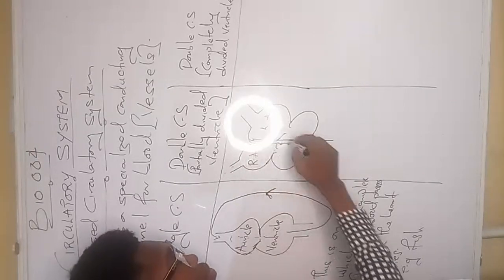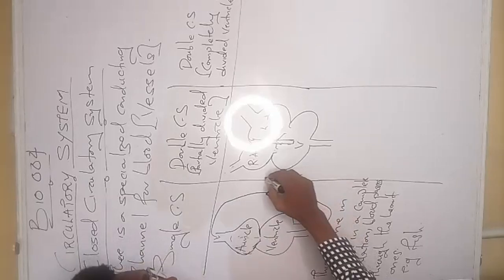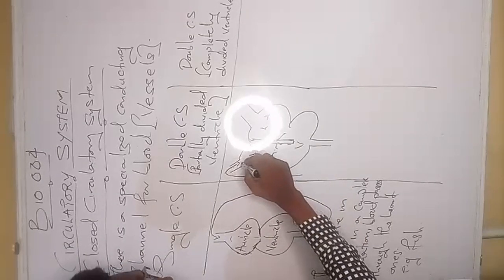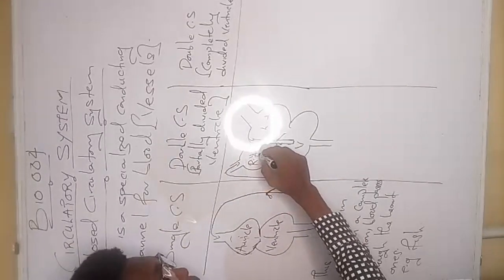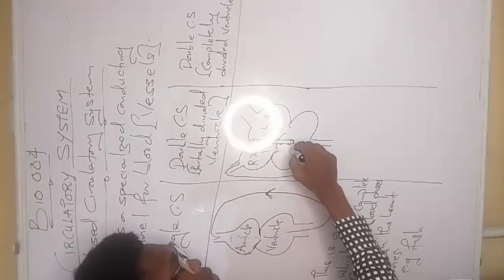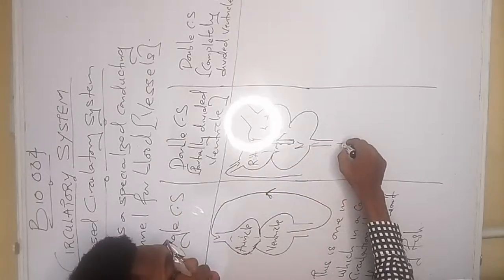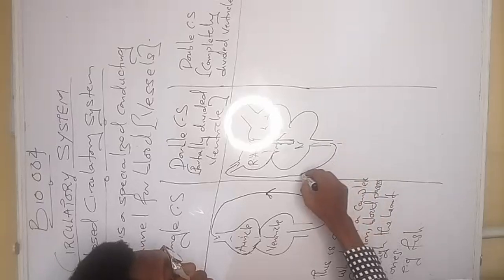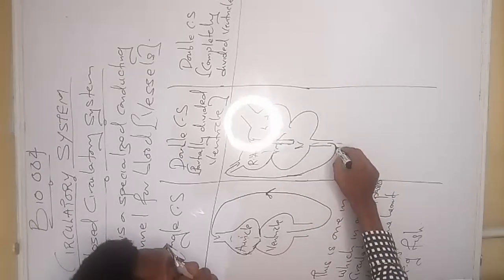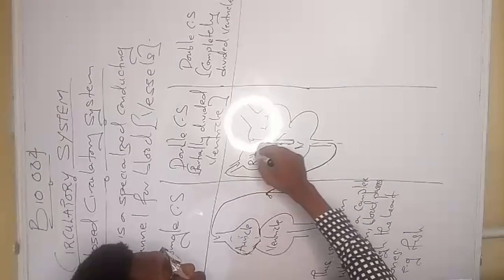Let's say from the body, the blood enters into this place, and from this place here, it goes down to this region. So our first sequence was that the blood came from here, goes down and enters into here.